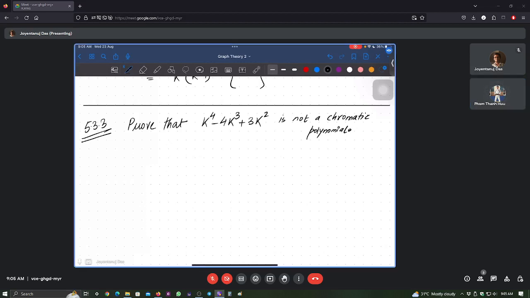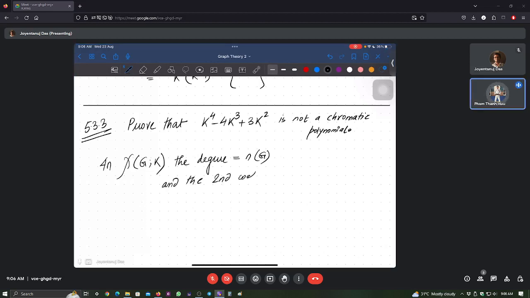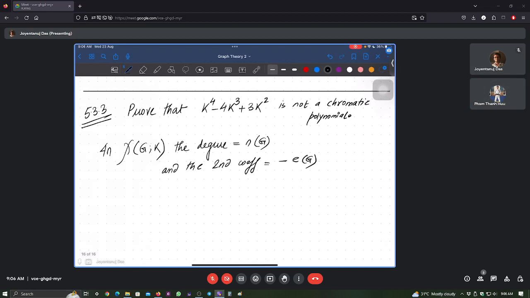So if you recall, in the chromatic polynomial of any graph, the highest degree is the number of vertices, right? So the degree is equal to the number of vertices, and the second coefficient is minus the number of edges, right? So from the polynomial, what I get is that n is 4, and the number of edges is also 4.